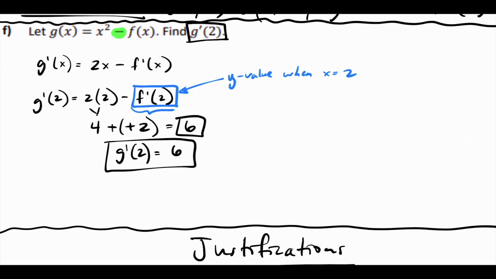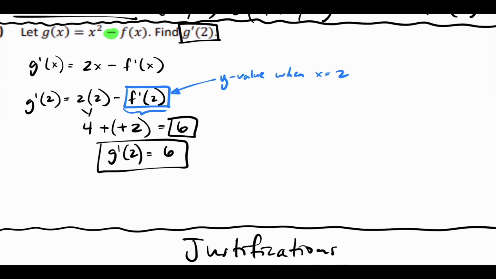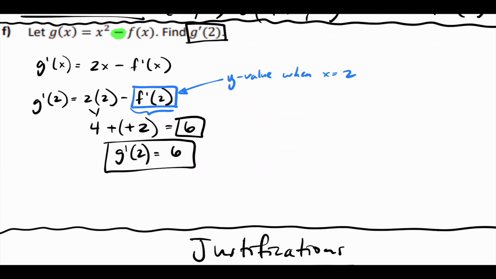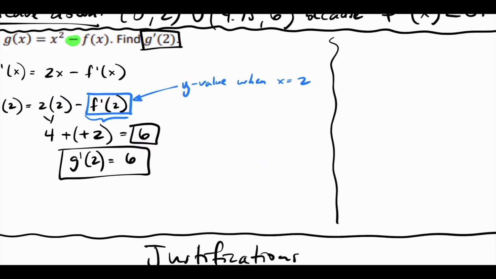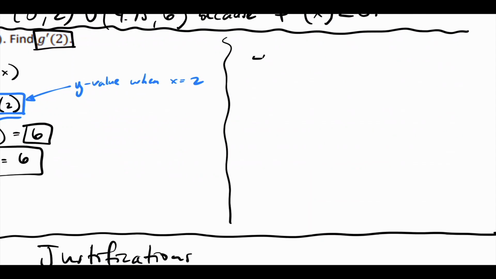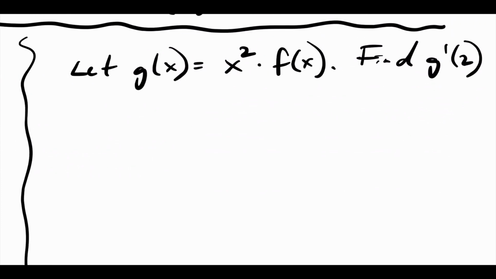So let's say they gave us something like this. Let's say the question was: let g of x equal x squared times f of x. Find g prime of 2.